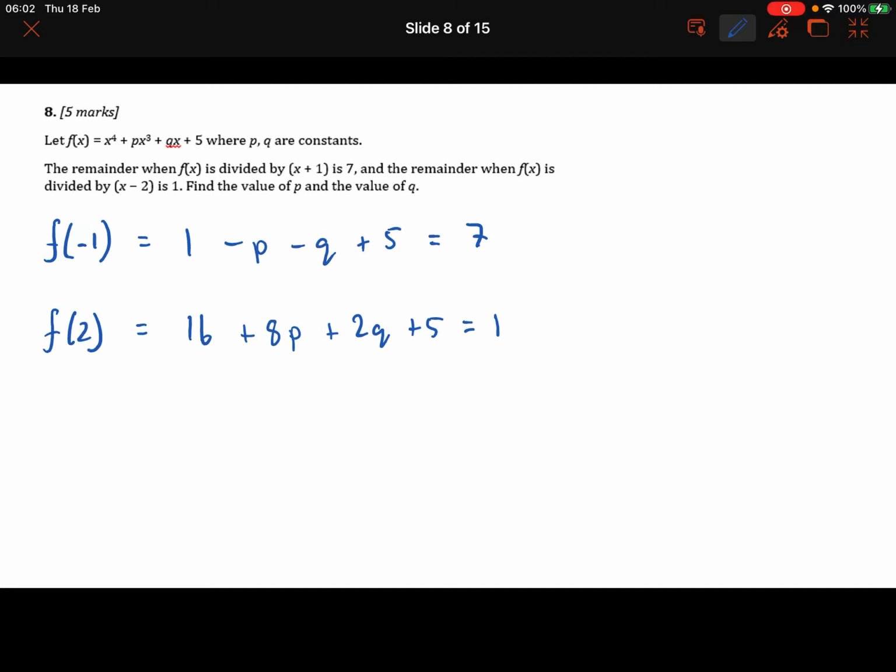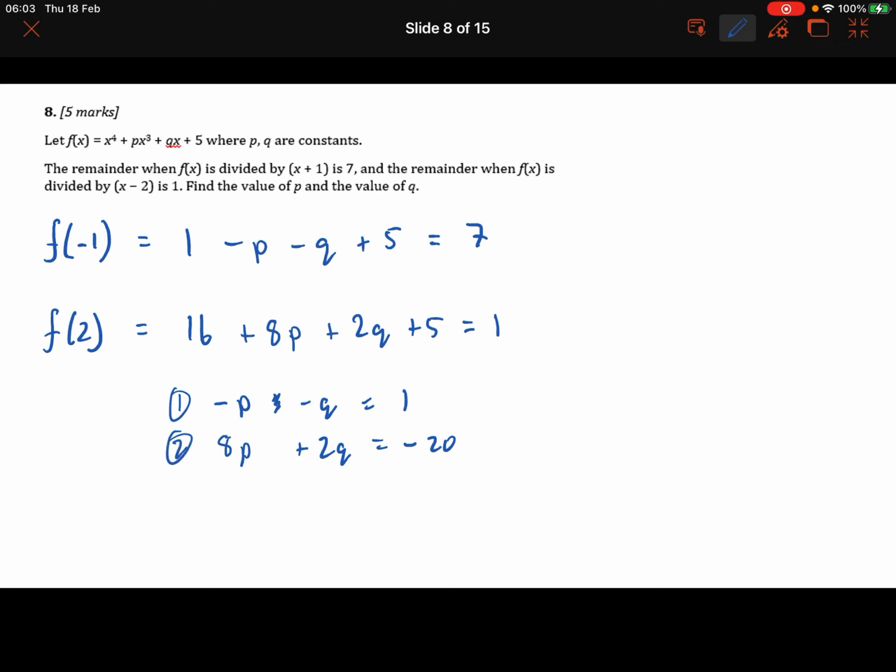Okay, so anyway, basically what we can do is we can turn these into simultaneous equations. So I'm going to get minus p minus q is equal to 1, okay? And then I'm going to get 8p plus 2q is equal to 16 plus 5 is 21, so it would be minus 20. I'll call this equation 1 and this equation 2.